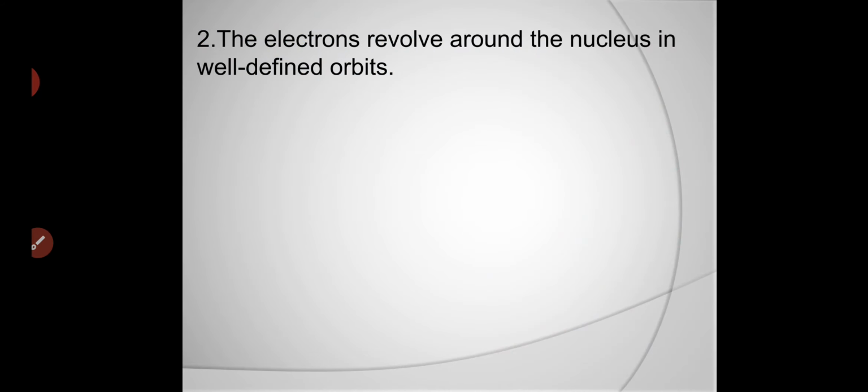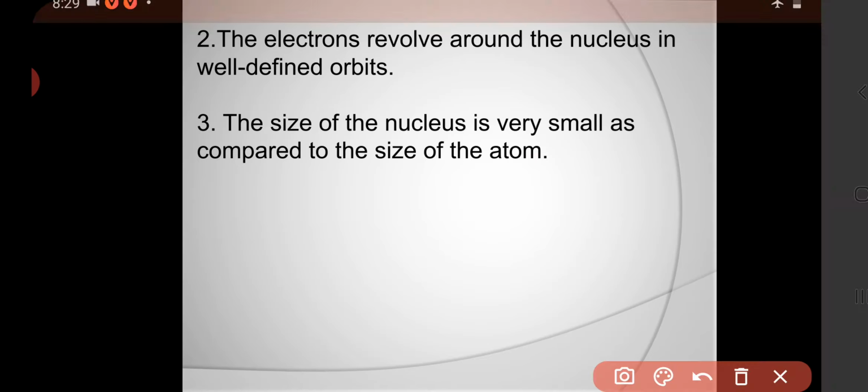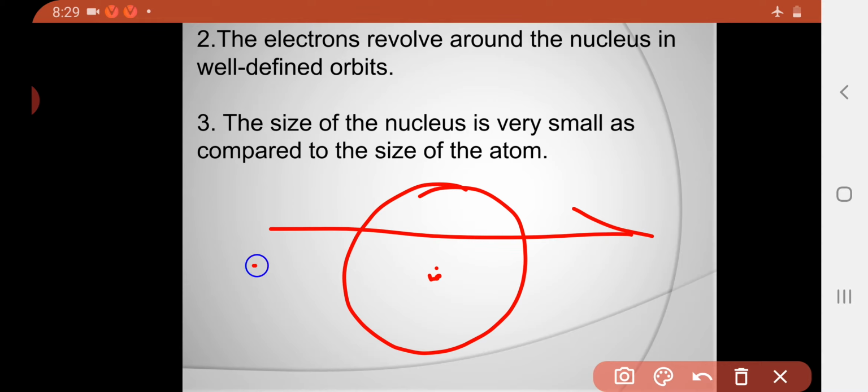Again, he said the size of the nucleus is very small as compared to the size of the atom. So why did he say this? Because when he observed how the alpha rays were moving, most of the alpha rays were going in a straight way, right?